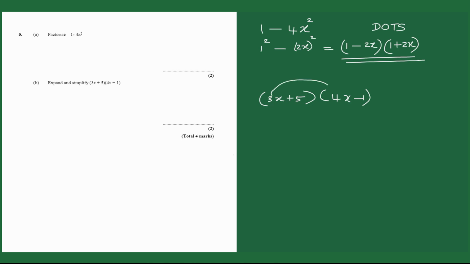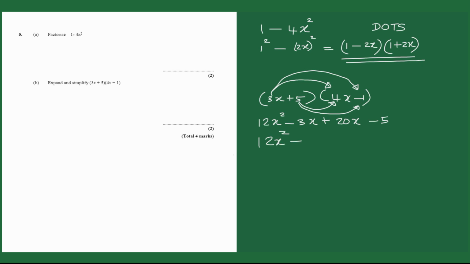So simply you need to multiply 3x times 4x, which is 12x squared, and 3x times minus 1 is minus 3x. Then 5 times 4x is 20x, and 5 times minus 1 is minus 5.